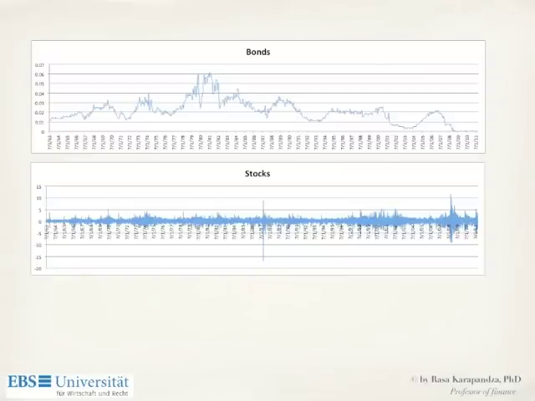And with bonds, you can observe that bond yield goes from 0 to 0.06 per day. And with stocks, you see, you had days in the year 2008 where you could lose like 10% of your wealth in just one day. Overnight, you lose 10% of all your wealth.